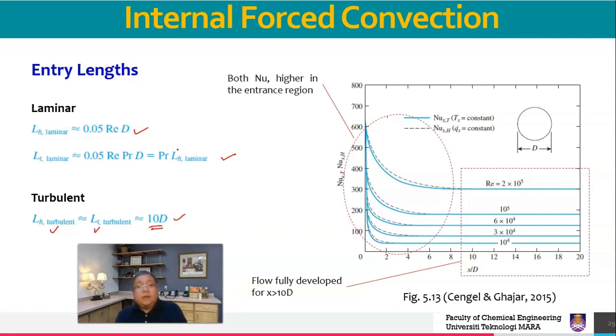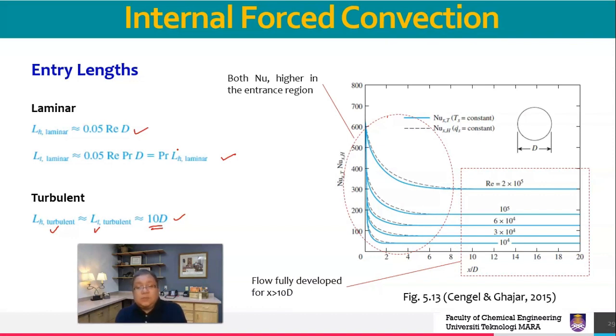For example, if the system length is 100 meters and the entry length is 50 meters, then of course that system is in the fully developed region, because it only needs 50 meters to achieve the fully developed flow.